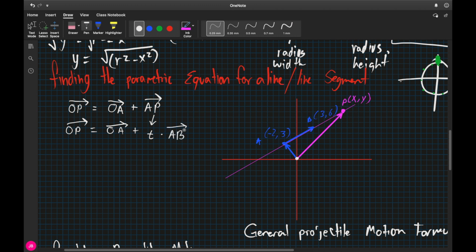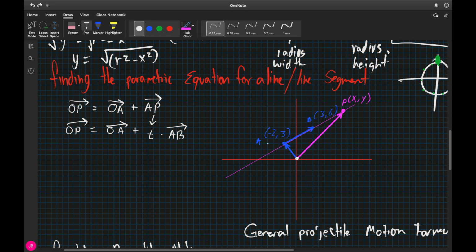So in other words, we're adding a value by which we're multiplying AB. We don't know what that value is, so we're going to call it t. If we take AB and multiply it by some value to make it longer, we don't know what it is yet, but that's okay, it would be equivalent to this whole vector AP. So that's what that's saying right there.